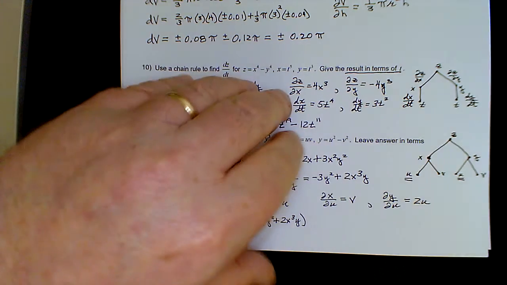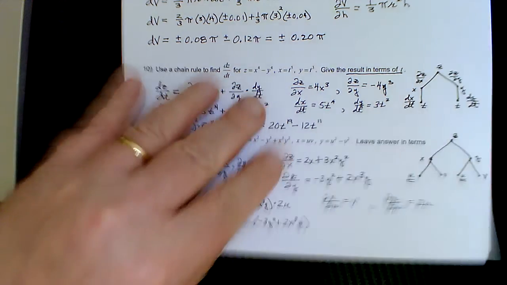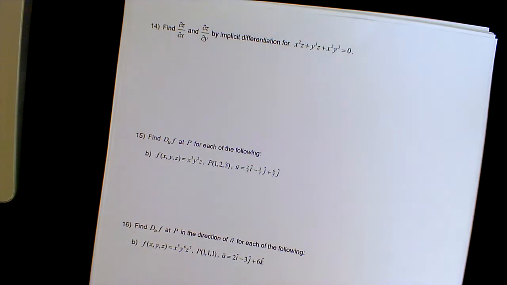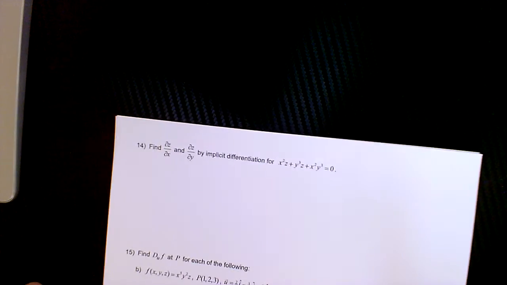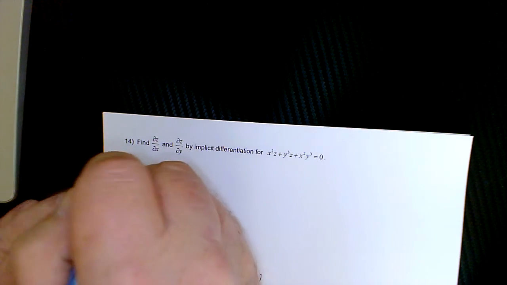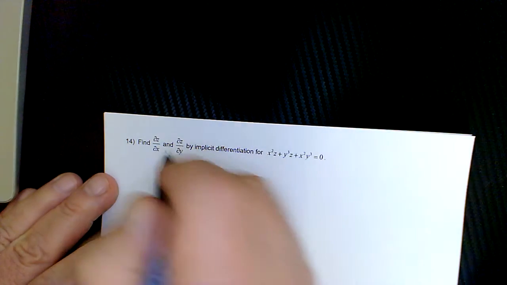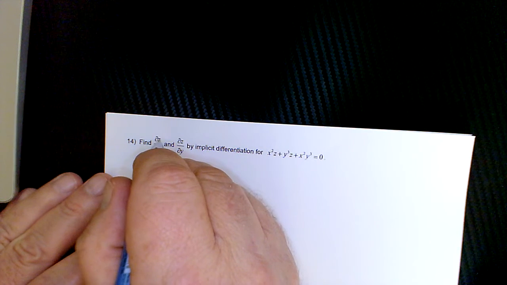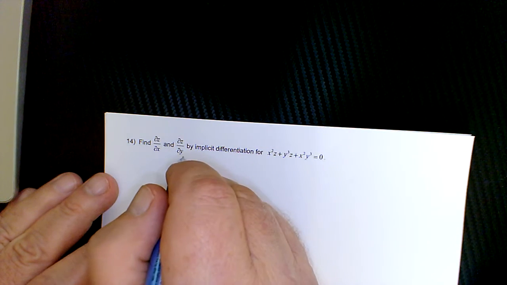Okay, so then to the next page, number 14. We'll only do one of these, and then you could practice the other. You're going to find partial z with respect to x implicitly. And so what you have to realize is that z is a function of both x and y.